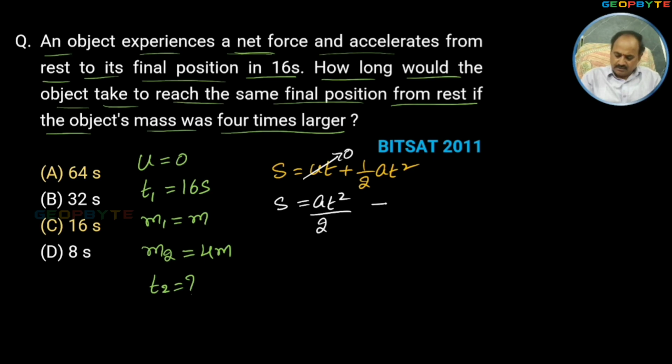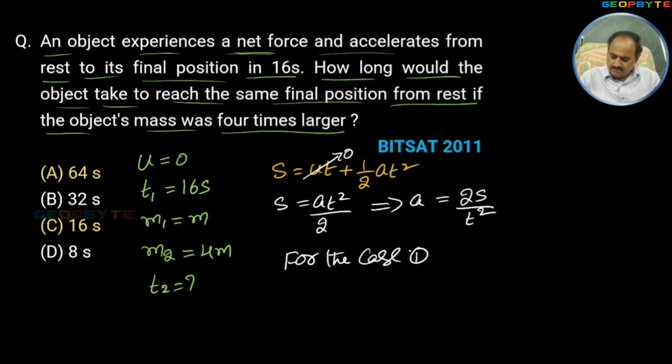Then acceleration a equal to 2s by t square. For the first case, acceleration a equal to 2s by t1 square.